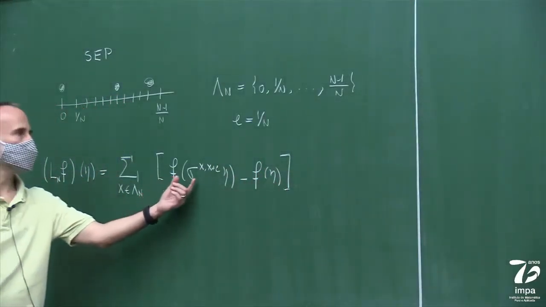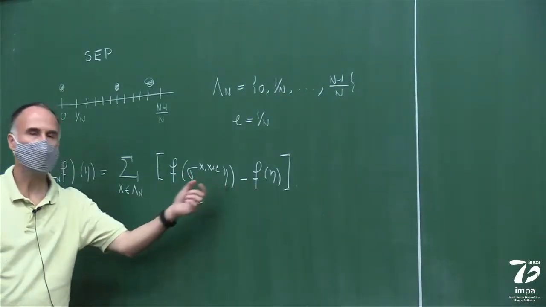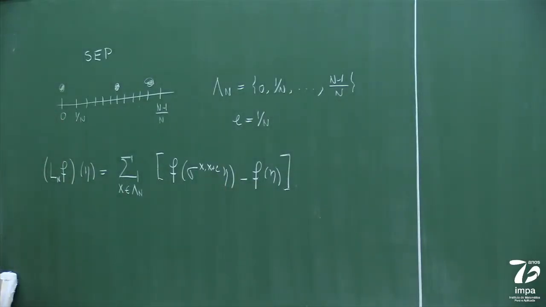Where, remember, σ^{x,x+ε}η is just the configuration η in which you exchange what happens at x and x+ε. Okay, you're all fine.